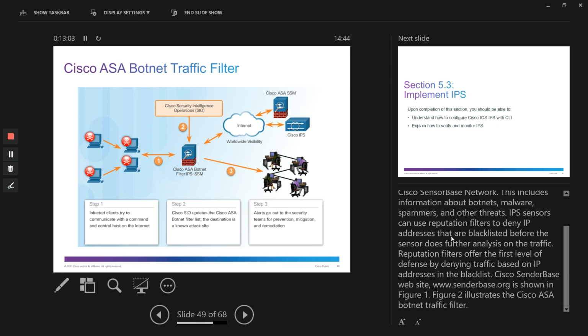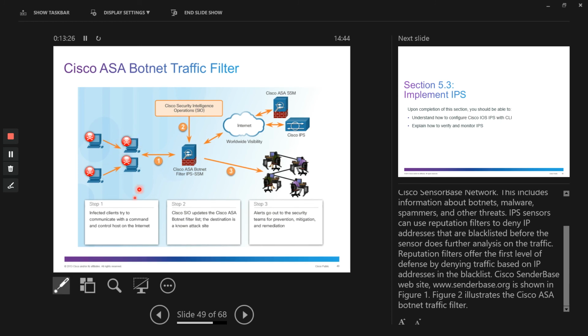And there is the Cisco SenderBase website, which is also called SenderBase. I think it has been updated now. It has been changed, and you can have a look at that one as well. This figure illustrates how the Cisco ASA botnet traffic filter works.